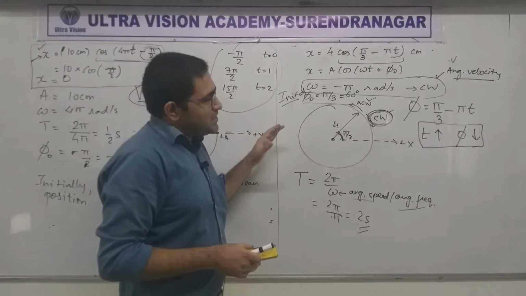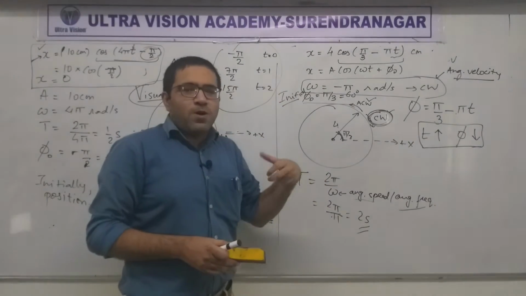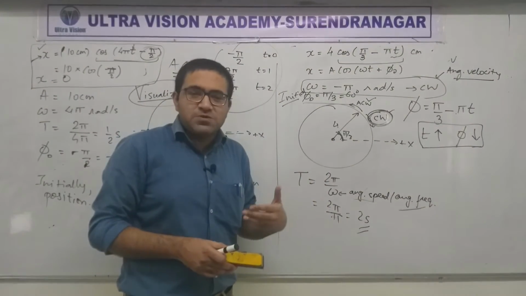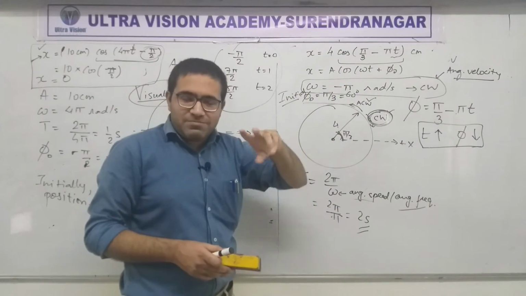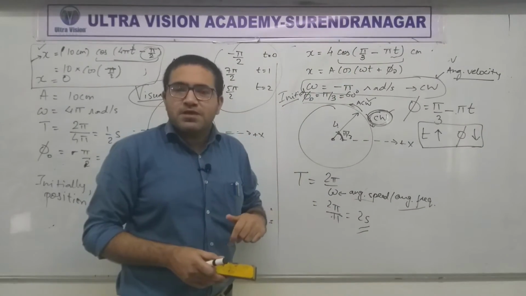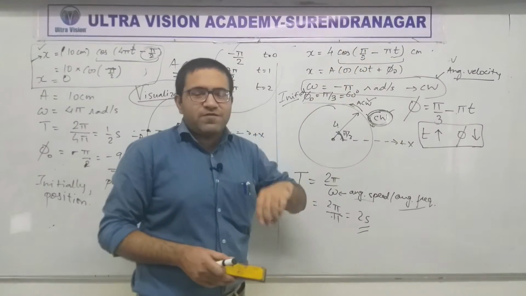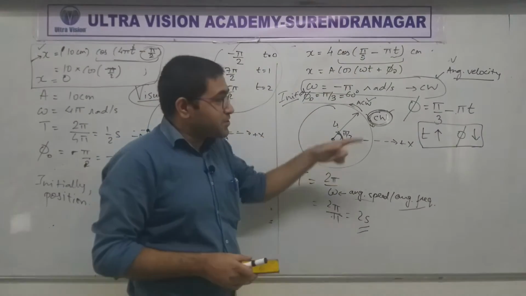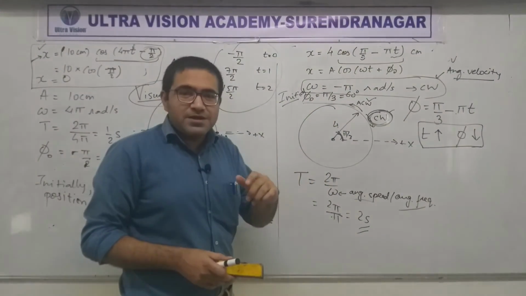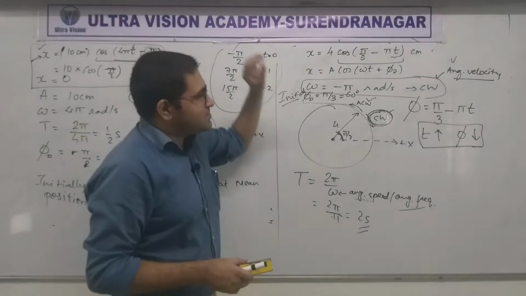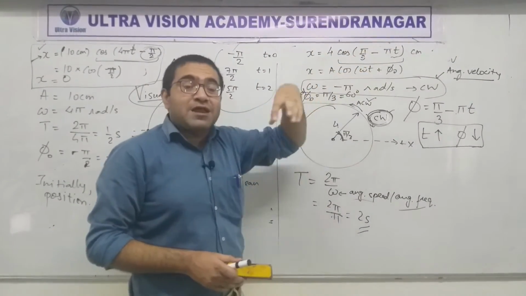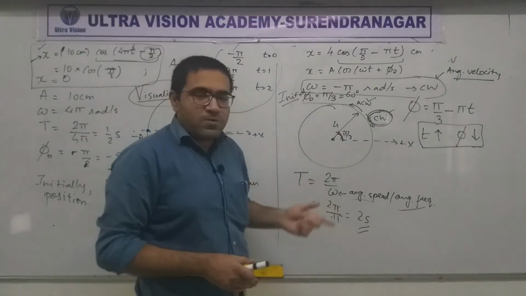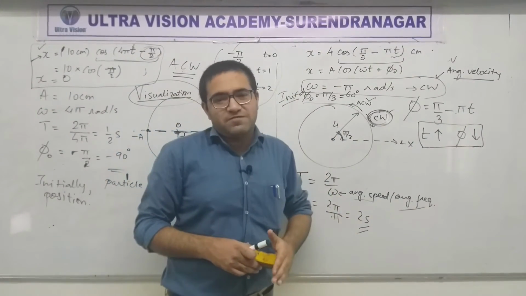Later on, to avoid confusion when we use phasors, this same equation can be modified and made to turn anti-clockwise. If your math is good enough, this same equation can be changed a little bit and we can make this turn anti-clockwise. So then there is always going to be confusion.